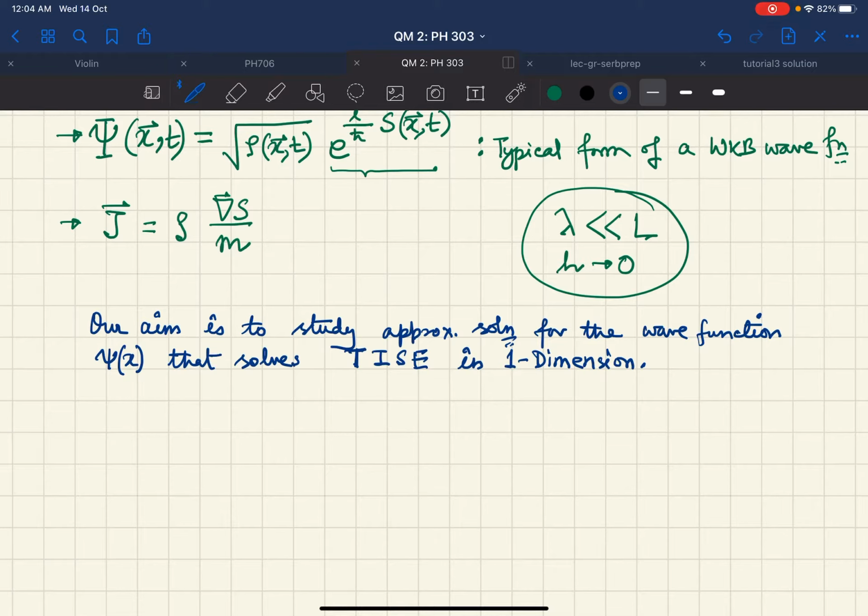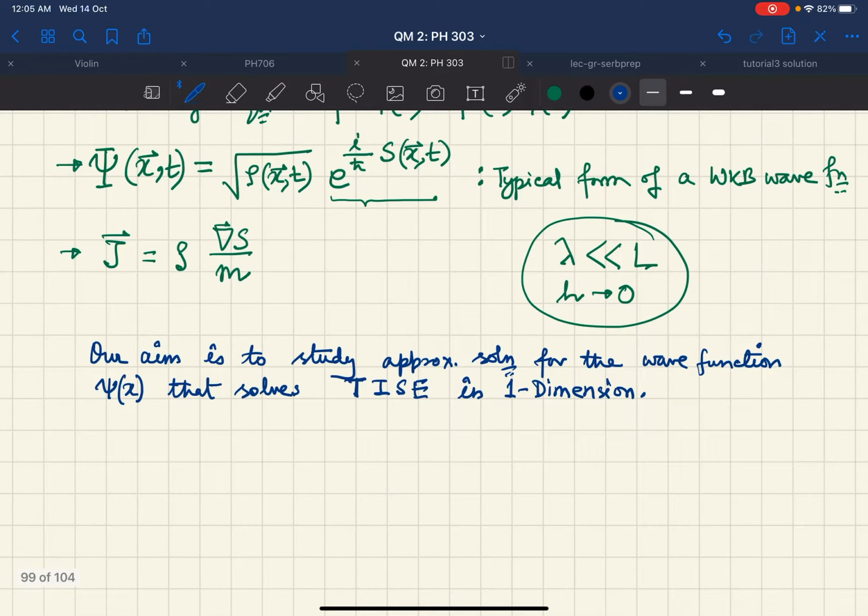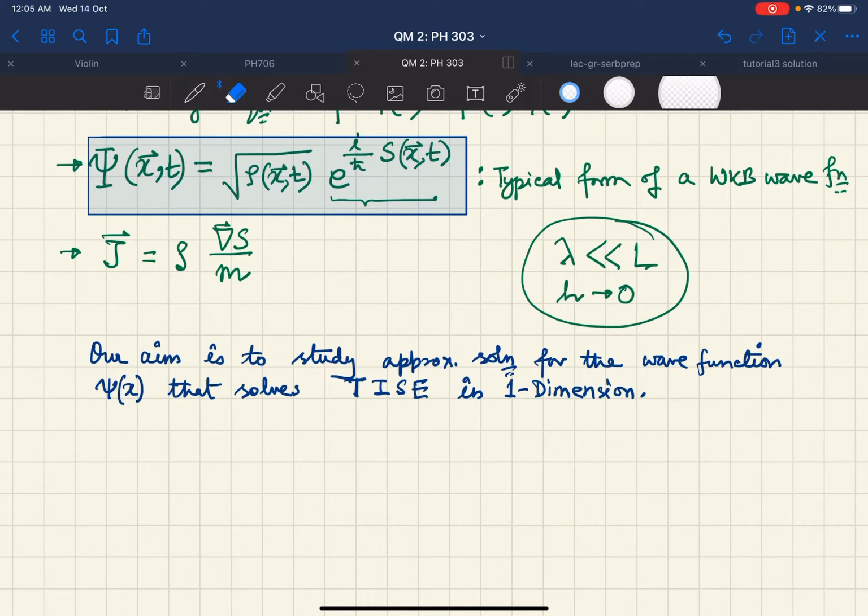And also here we recall that we had used a polar decomposition of the wave function, where we wrote this psi of x, t as square root of rho as a function of x and t, into a phase factor e to the power i by h bar S as a function of x and t. Now I am claiming that it will be easier to set up the approximation scheme using a single complex function.